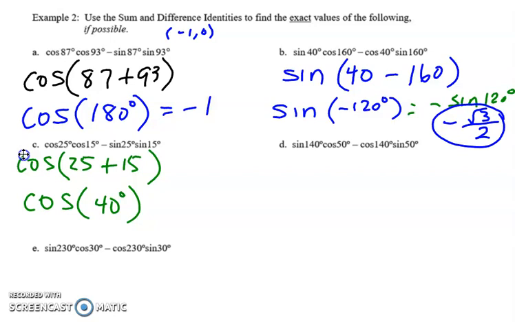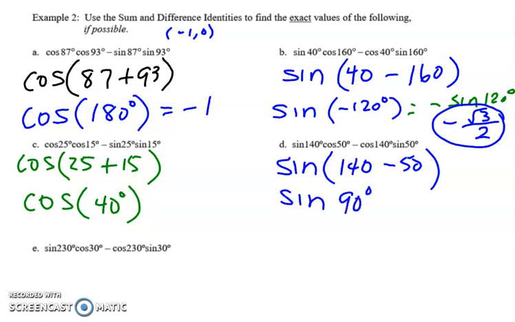On D, we got sine cos minus cosine sine. Again, that's going to be a sine of 140 minus 50. So that's the sine of 90 degrees, which we know, because remember 90 degrees is at the point 0, 1, so that makes the sine of 90, 1.